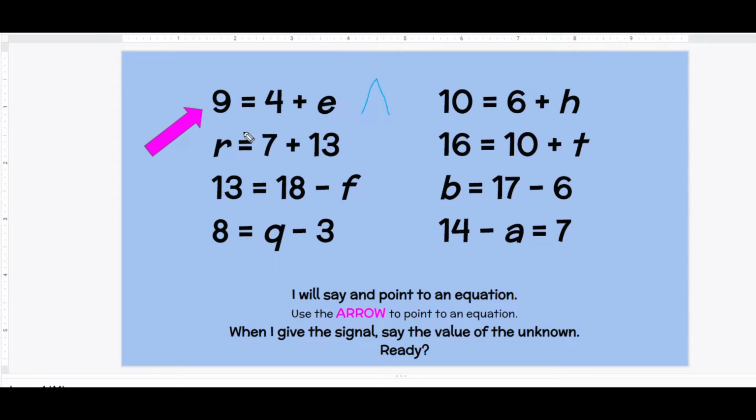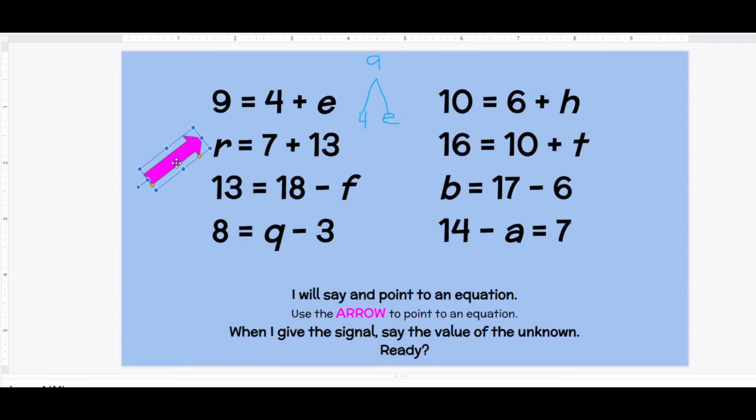So if students do not know how to get E by itself, you'd say, friends, tell me if it's partner or total. Class: total, partner, partner. So let's put it on a math mountain. This visual might help them to see, oh, I get it. What we're looking for is what goes with E to make 9. E equals 5.